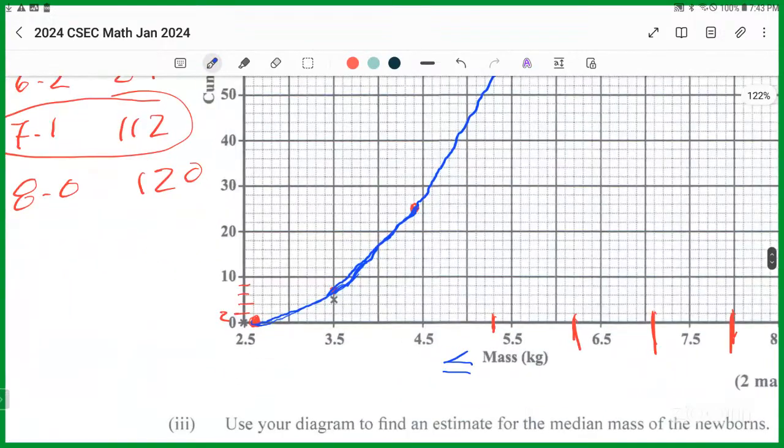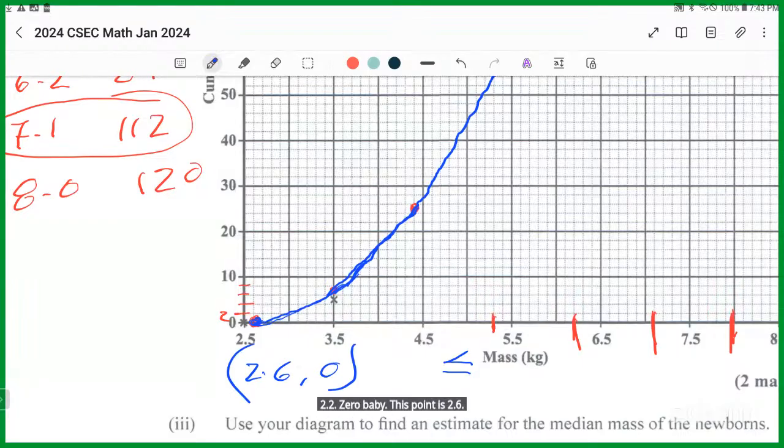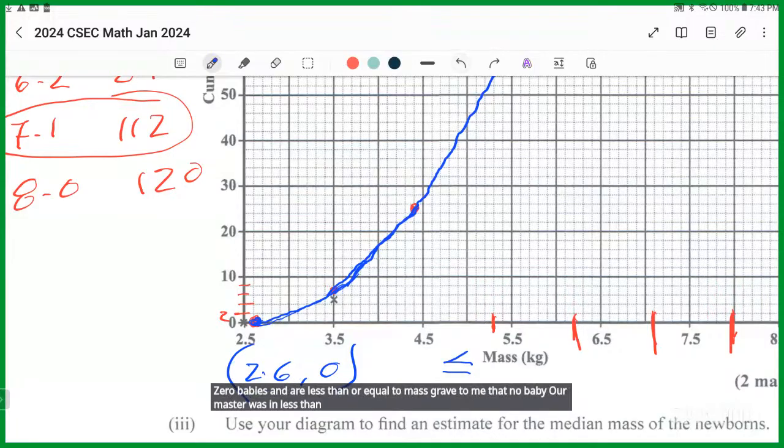So what would this point mean? They ask what that means. 0 babies. This point is 0 babies at 2.6 on that less than or equal to mass graph. So it means that no baby had a mass that was less than or equal to 2.6 kilograms.